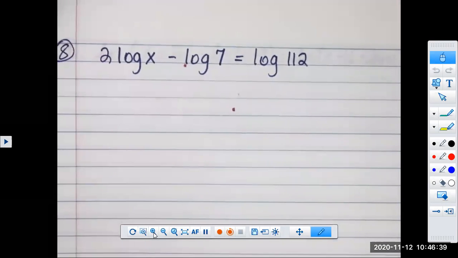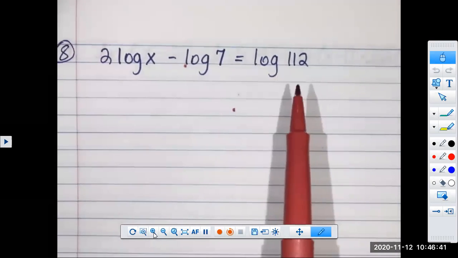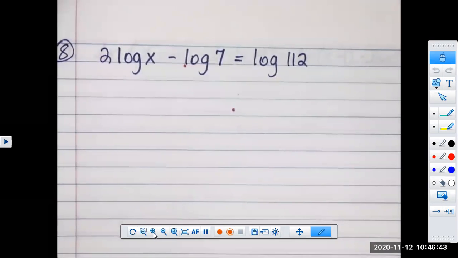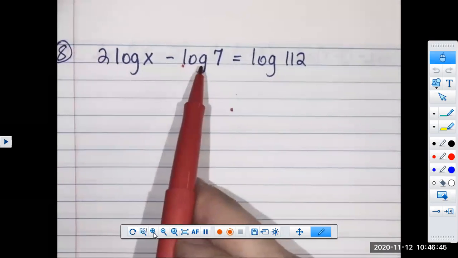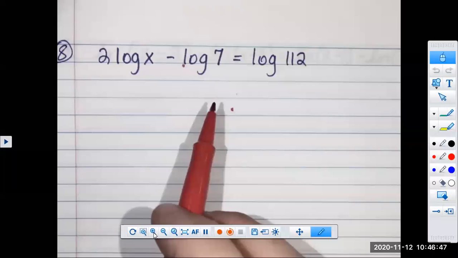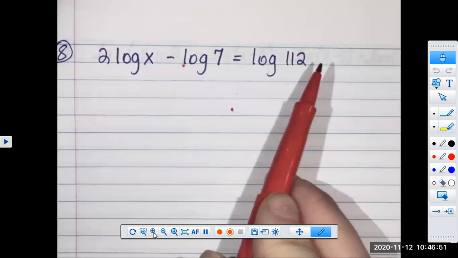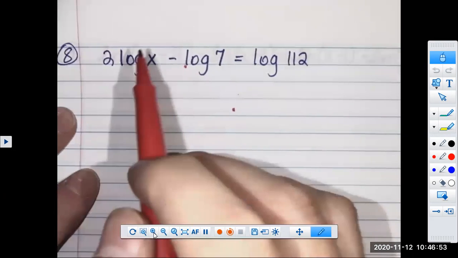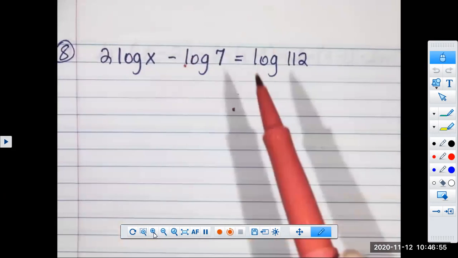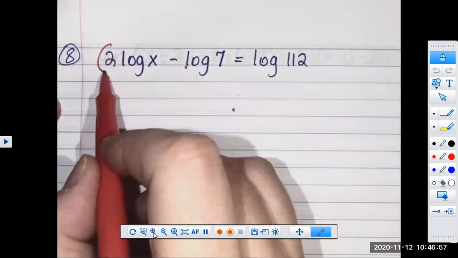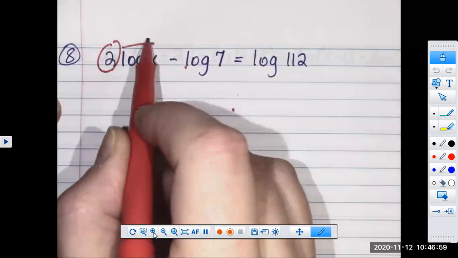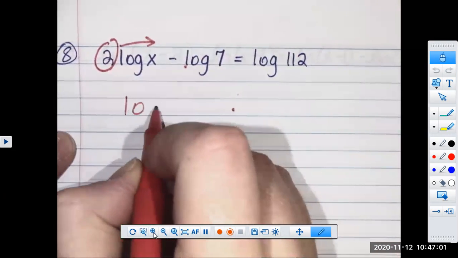Okay, on 8, you have logs on both sides, but you need to condense the left side to only have 1 log so that you can set the expression or number equal to 112. So when you're condensing, remember that any numbers out front, you want to move them to the exponent area.